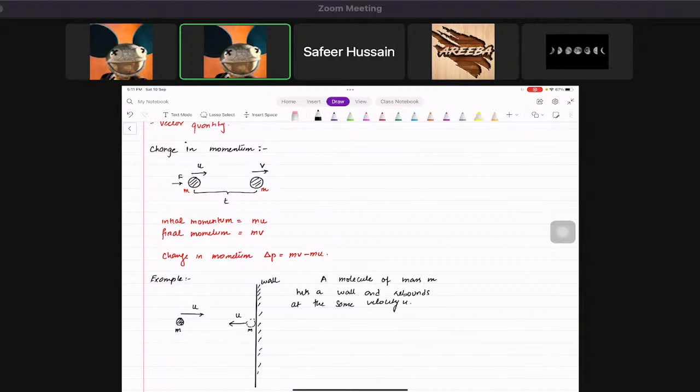So they say find the expression of change of momentum. Can you guys do it? Please try.